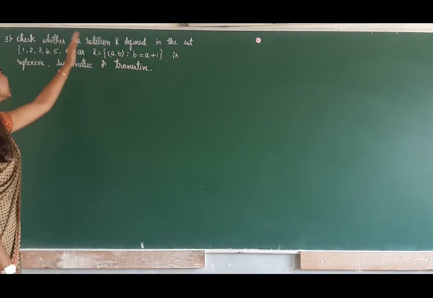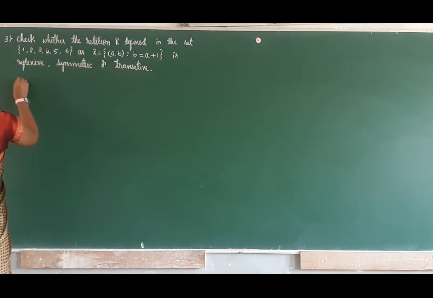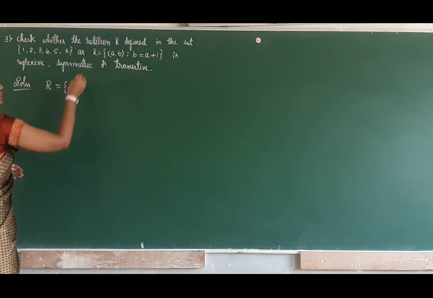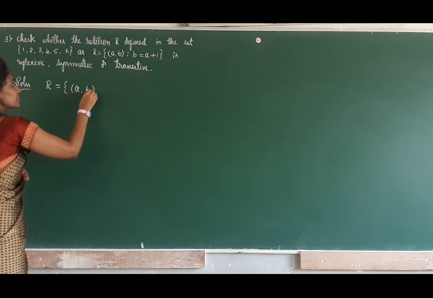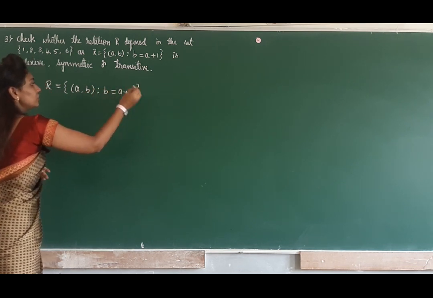You have to check whether the relation is reflexive, symmetric or transitive. Solution. Relation R is the given set of ordered pairs A, B such that B is equal to A plus 1.